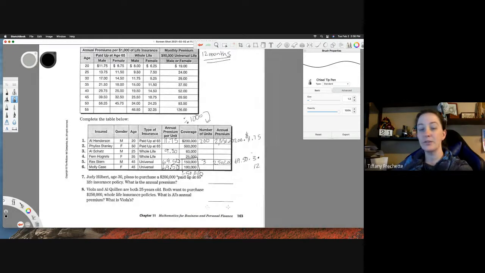For whatever reason, they don't give you two lines here, but they say, what is Al's annual premium? Because they have Viola and Al Quillian. So they want Al's annual premium and Viola's. So they say both of them. Usually they give you two lines to indicate that. This one, they forgot the second line. So make sure you calculate both of those just to get full credit there.